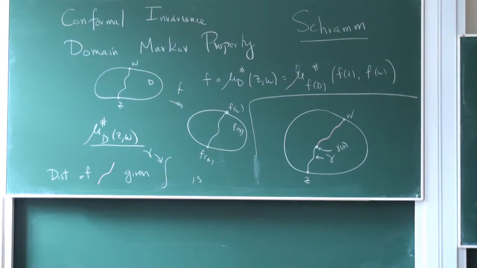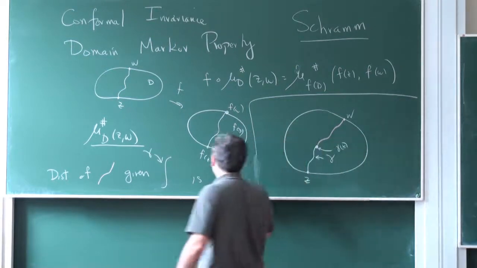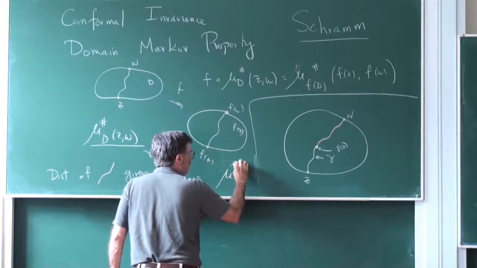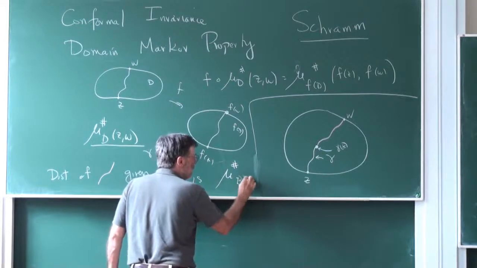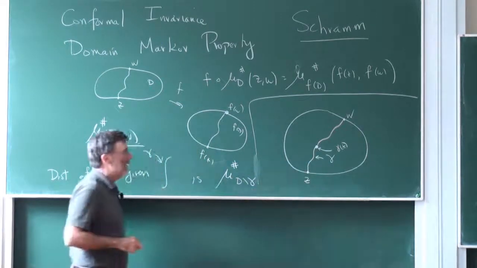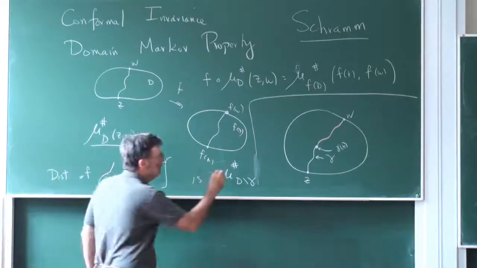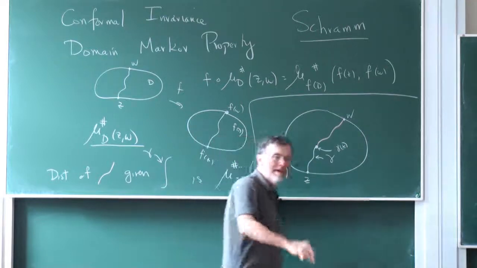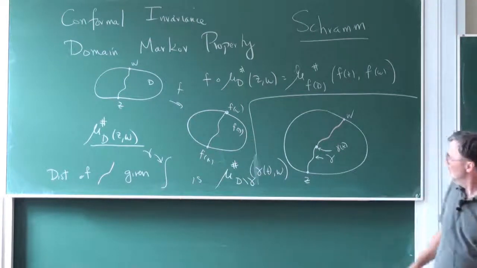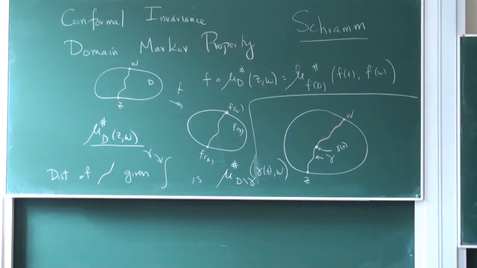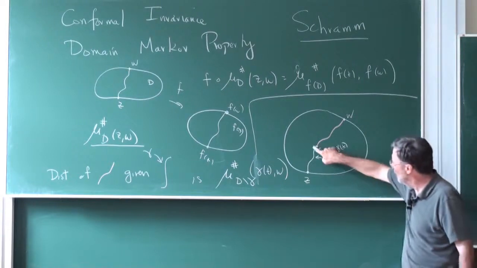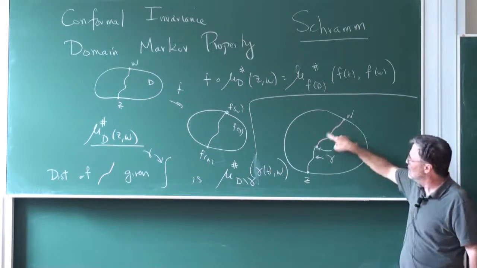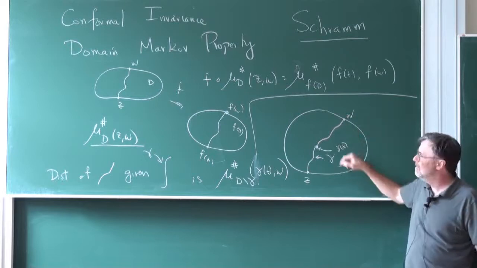The distribution is given by: I take D, take away the gamma, the slit domain, from gamma t to w. So given what I have so far, the remainder is this process in this slit domain.